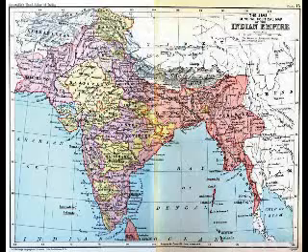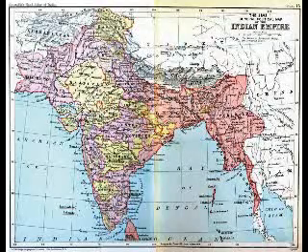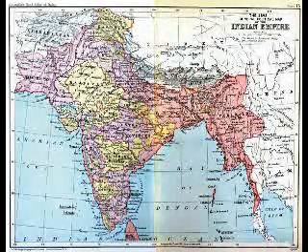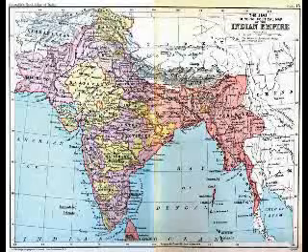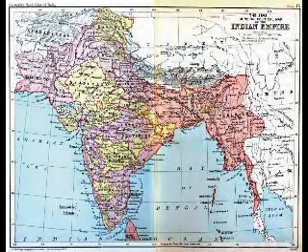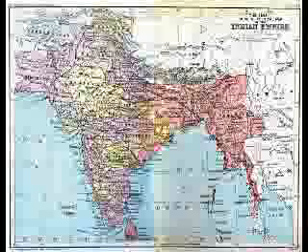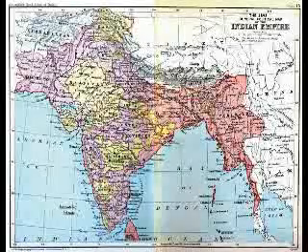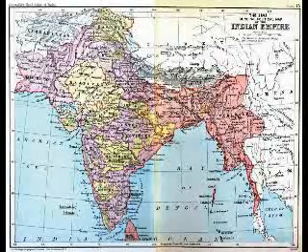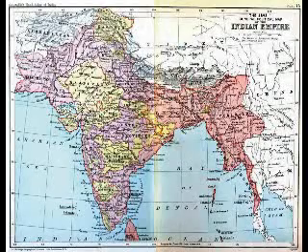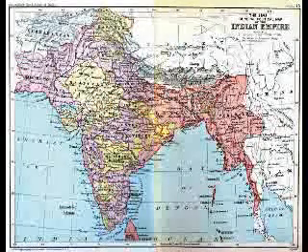The federation scheme was, therefore, opposed by the nationalists, and it was demanded that the representatives of the states should also be elected instead of being nominated.